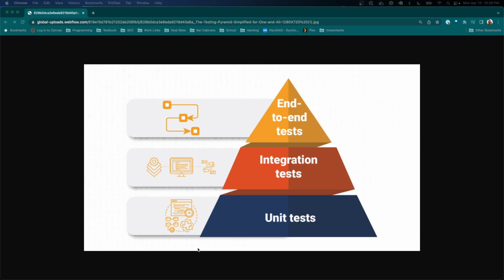So this is a good topic to get somewhat acquainted with, because no matter where you go, you will likely have to write unit tests of a sort. And while they're kind of different from language to language, the overall idea is not too difficult. So you could go to JavaScript, we're going to have Jest for testing.